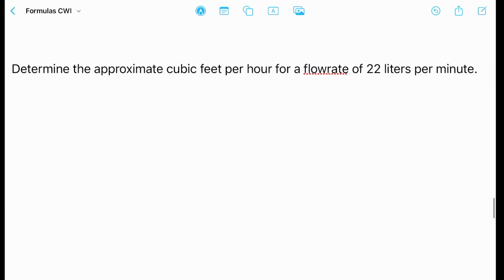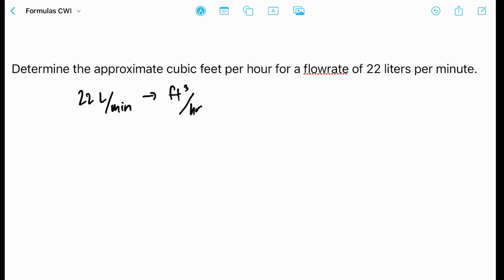How about the conversion of cubic feet per hour to liters per minute, or vice versa, liters per minute to cubic feet per hour? This is a measure of volume flow rate. So 22 liters per minute, you need to convert it to cubic feet per hour.